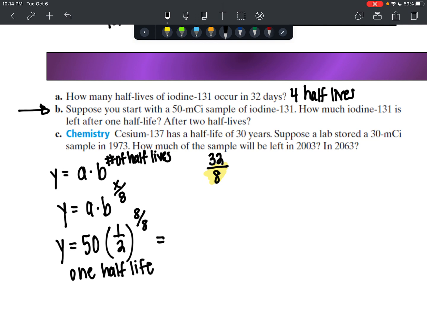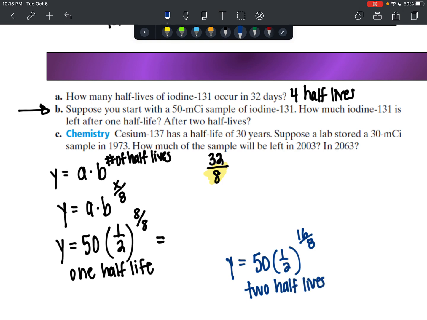How much would be remaining after 2 half-lives? So 2 half-lives, I'll do in blue here. That would be y equals 50 times 1/2 raised to the 16 over 8. That would be 2 half-lives. So where is this coming from? 1 half-life, 8 over 8. 2 half-lives, 16 over 8 is 2.